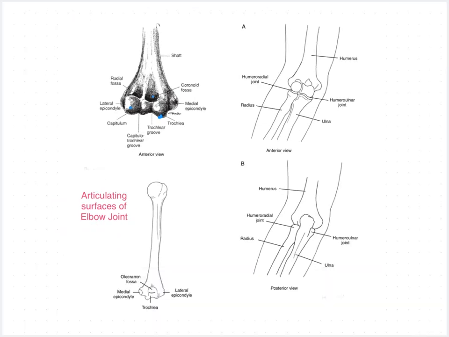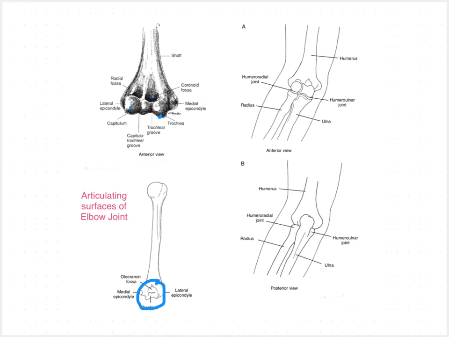Okay, now posteriorly we have seen a deep indentation called the olecranon fossa, which is present on the distal part of the shaft of the humerus on the posterior aspect. This fossa is designed to receive what?